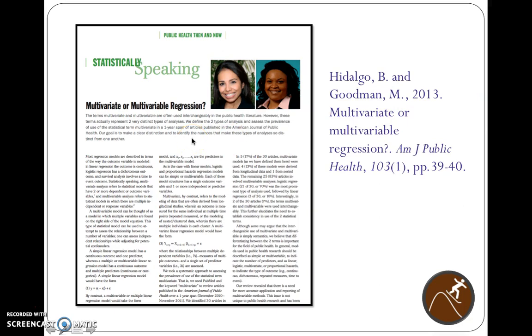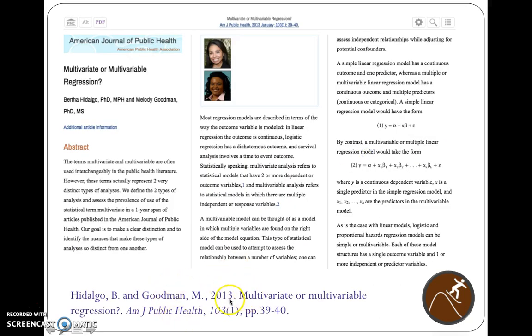We're focusing on linear regression and logistic regression, which we'll cover more in this class. In their article, which is publicly available online, you can see that a lot of folks make that mistake in calling some things multivariate that are really just multivariable. But I'm just introducing you a little bit to the basic terminology here.